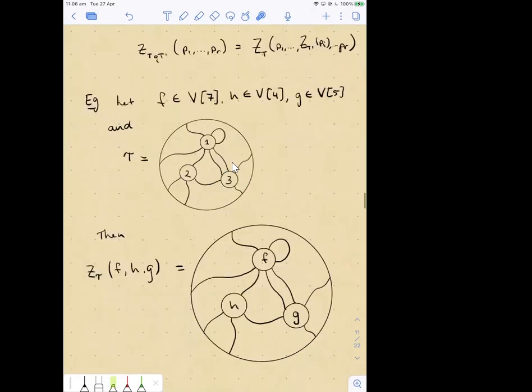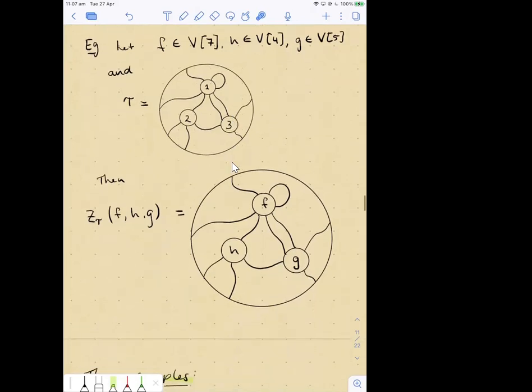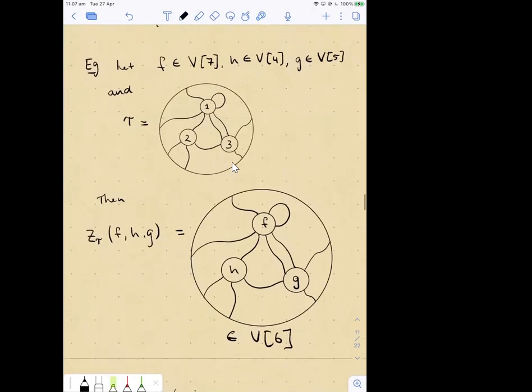Then ZT of FHG essentially just means we've inserted F, H, and G into those input circles. So we kind of decorated the input circles with our different components. And this gives us a new component in the 1, 2, 3, 4, 5, 6. This guy is in the 6th box space of our planar algebra.